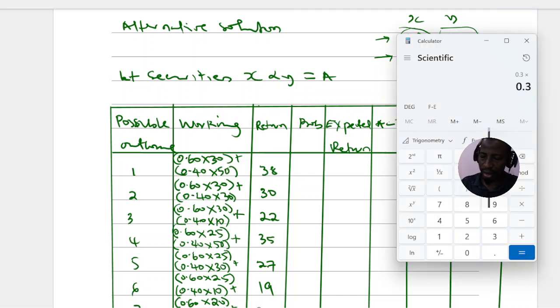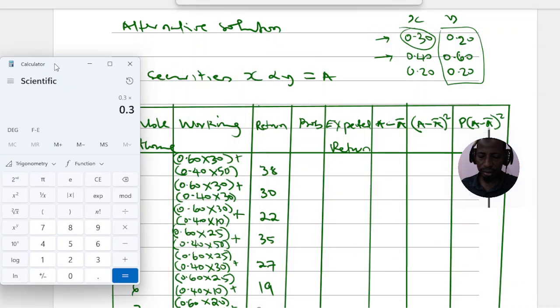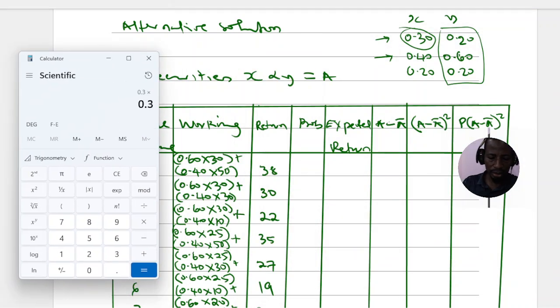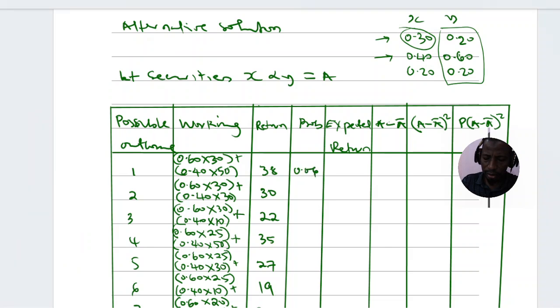So 0.3 multiplied by the probability of 0.2 equal to 0.06. Okay, the next one, the return of the second one is 30.